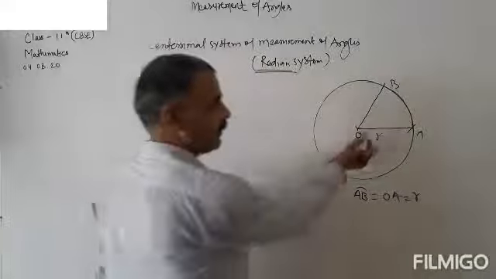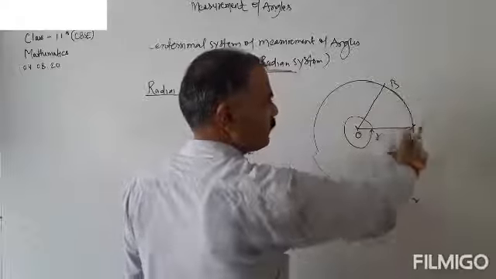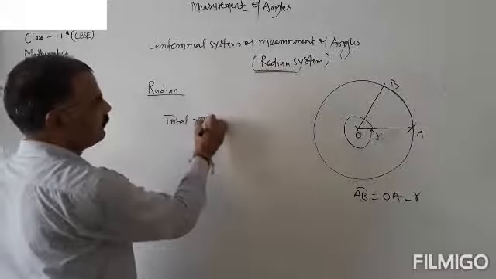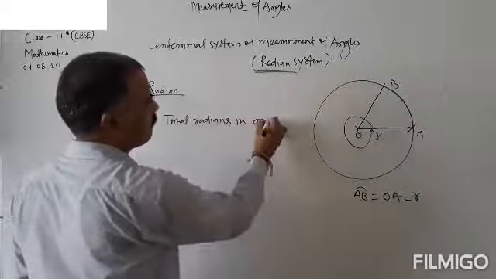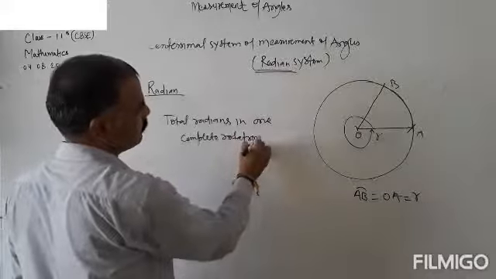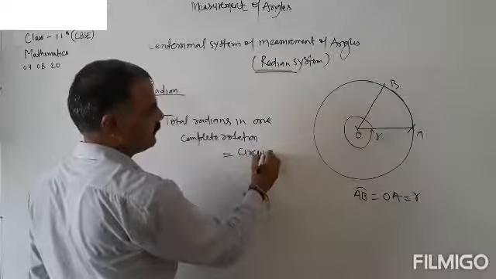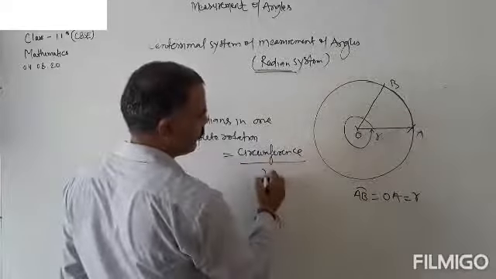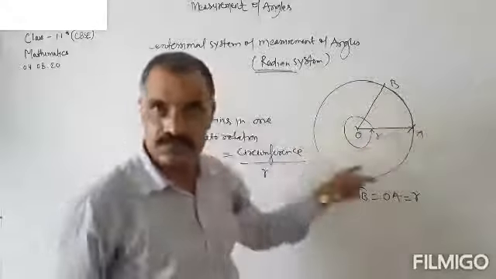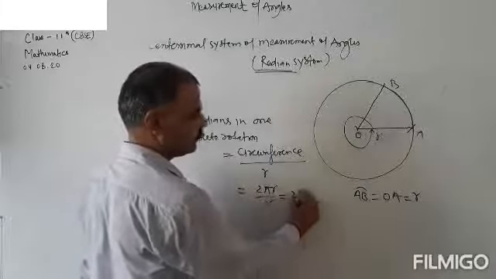When we move this ray from this point all the way around, the total arc is 2 pi r, divided by the radius r. So 2 pi r divided by r is 2 pi radian.